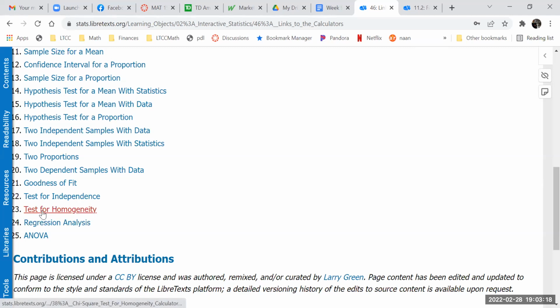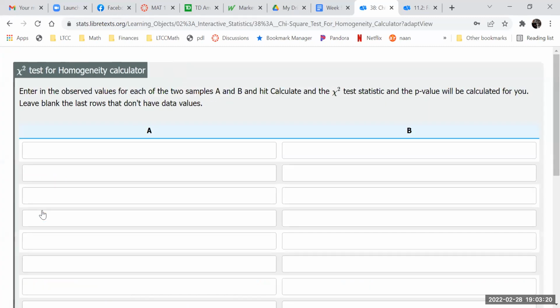Okay, so I'm going to go to test for homogeneity. And here, notice there's only an A and a B. There aren't 3 columns because that's the whole point. We only have 2.